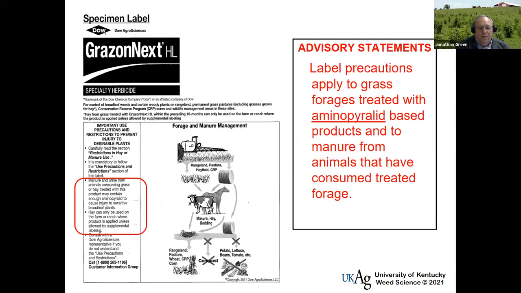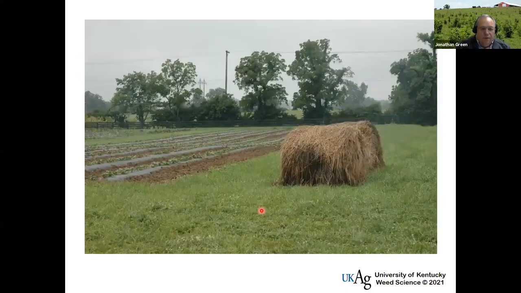In fact, a few years ago, it went too far. I was asked to look at a situation where an organic vegetable producer acquired some hay bales that were at least 2 or 3 years old, and then he used that as a mulch on some of his vegetable plants.